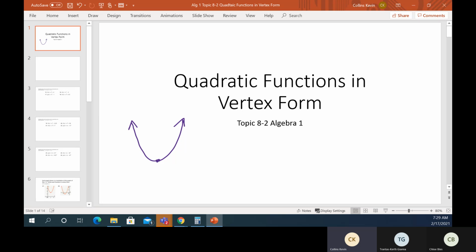The vertex is either the lowest point, or a minimum, or if it goes this way, it's the highest point, or a maximum. Okay, so the vertex could be this guy or it could be this guy. So here's what we're going to find out about these guys.